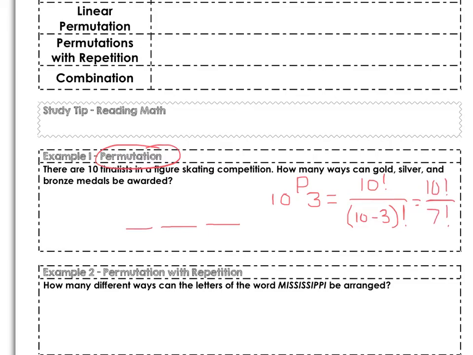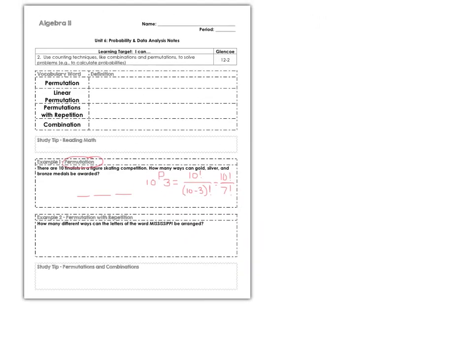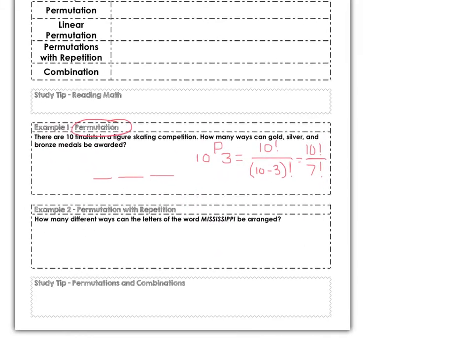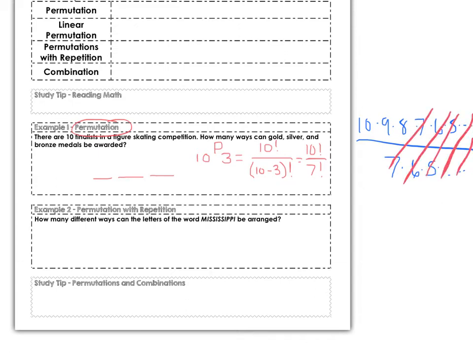And if you're thinking about how this can actually be rewritten and reduced, we have 10 times 9 times 8 times 7 times 6, and so on. And on the bottom, it's 7 times 6 times 5, and so on. So notice that the 7, the 6, the 5, and the rest are going to cancel out, leaving you with 10 times 9 times 8. Well, 10 times 9 times 8, that's 720.